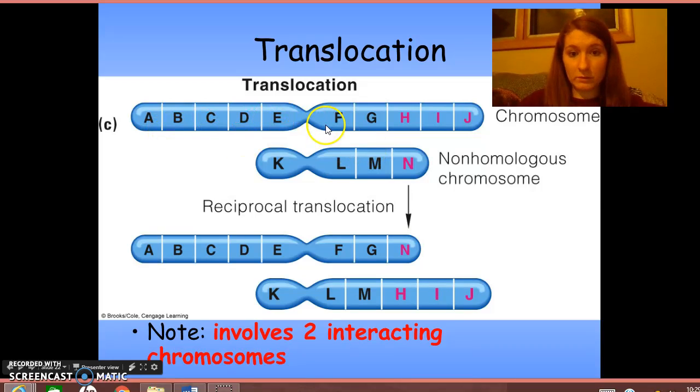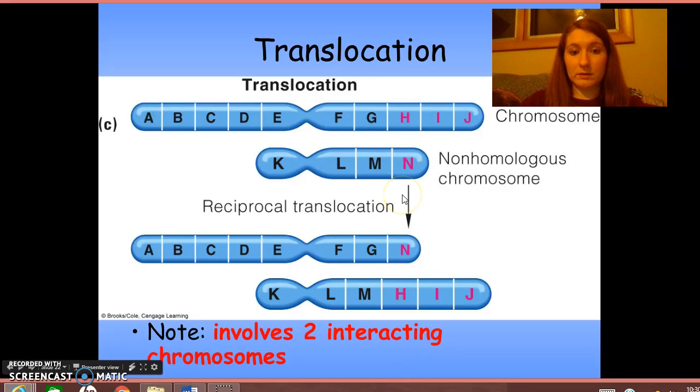So this one up here is starting out very long, and it has H, I, and J on it. And then down here, this one, its non-homologous chromosome, would be having a very small amount of genes, and it just has this N on here, it's highlighting.